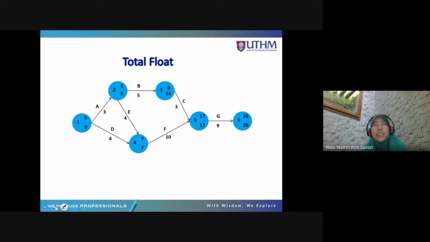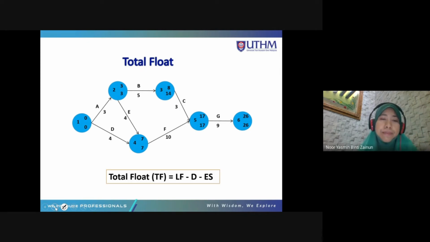Total float means the lag time that you have for the activities, extra time. The total float is calculated by the late finish minus the duration and the early start.